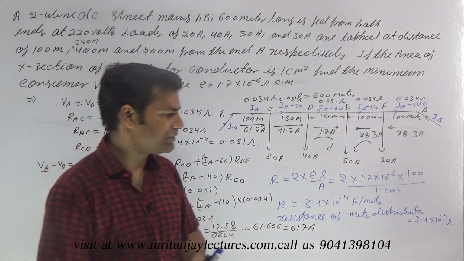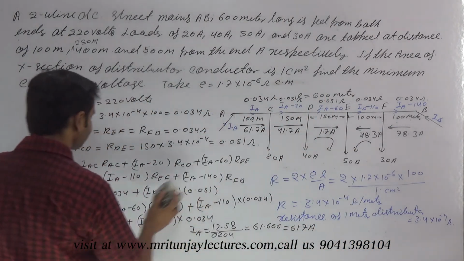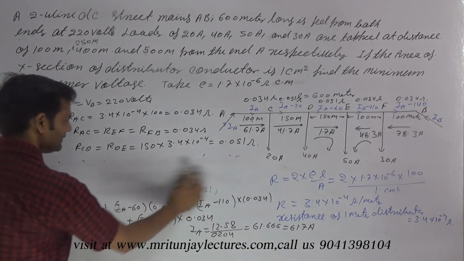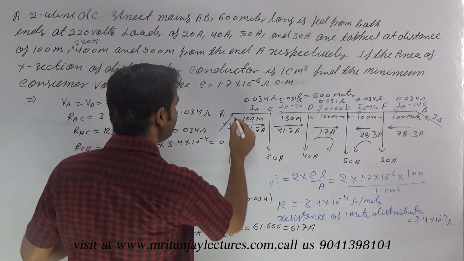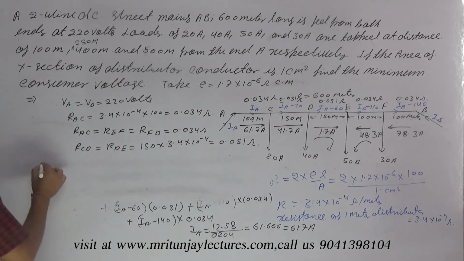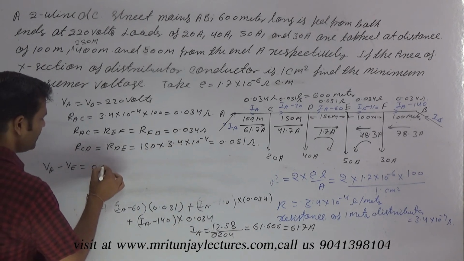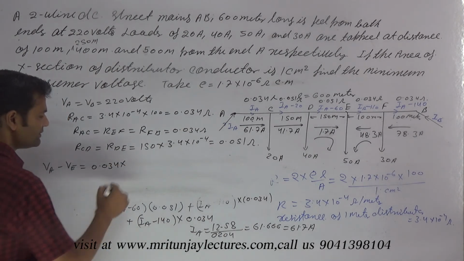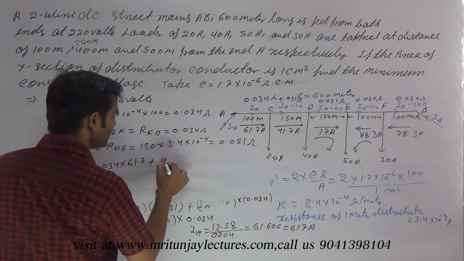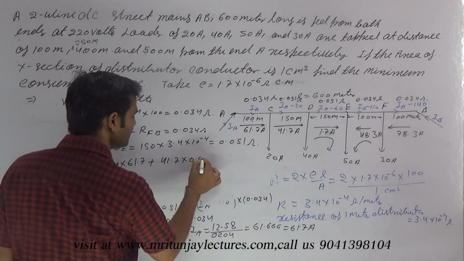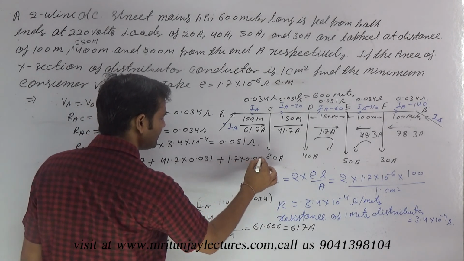Our next target is to determine VE. How to determine VE? I know that VA minus VE is equal to 0.034 into the current 61.7 ampere, plus 41.7 into 0.051, plus 1.7 into 0.051.